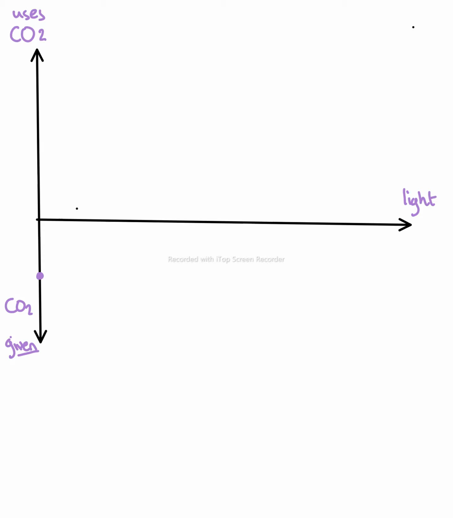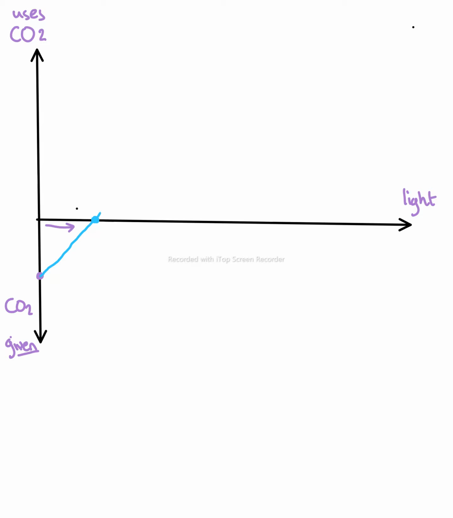And as the light level increases in that direction, the amount of CO2 given out decreases as it starts photosynthesizing, and there'll be a point here where the respiration gives out CO2 and the photosynthesis takes in CO2 and uses it, and it balances it.